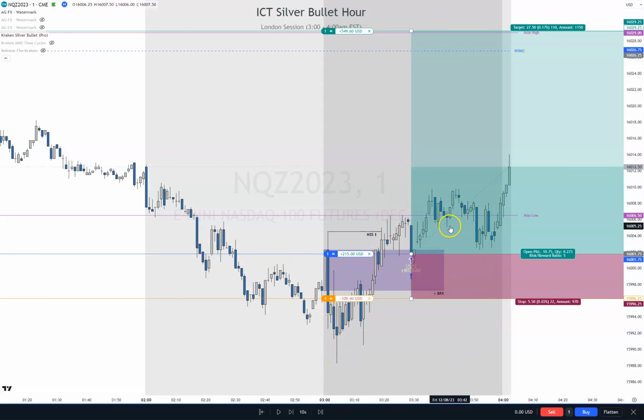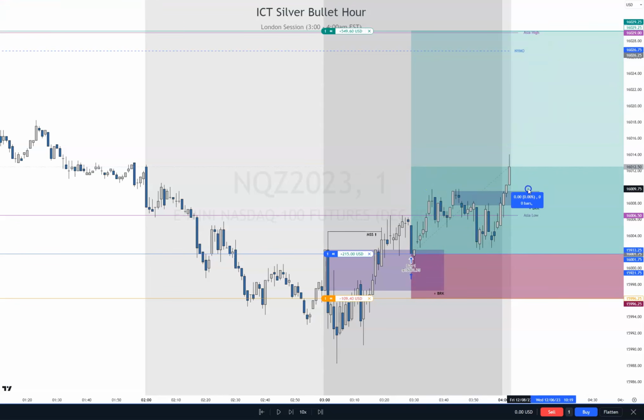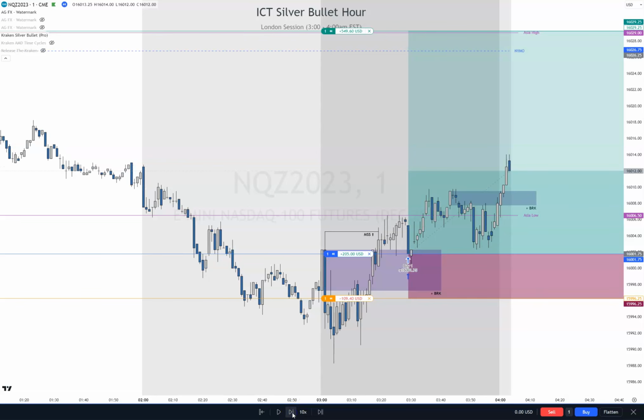Low, high, lower low, traded through breaker. Perfect. So I can get a second entry in here because this is far enough away. From right here, that's almost 20 handles, so that's far enough away. We can enter a second trade.